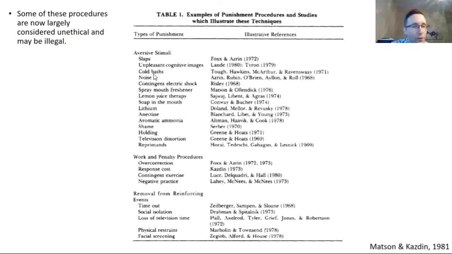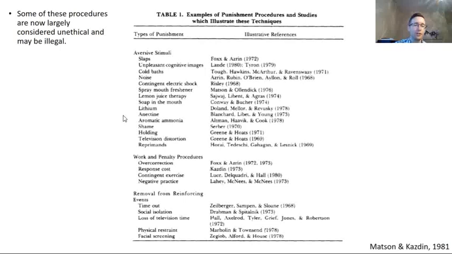So examples of aversive stimuli, which you won't see anymore these days: slaps, or cold baths, or contingent electric shock, or spraying mouth freshener. I'm not even sure what that is. Shame, or television distortions. These types of things were studied way back when there were very, very few effective treatments for severe challenging behavior.